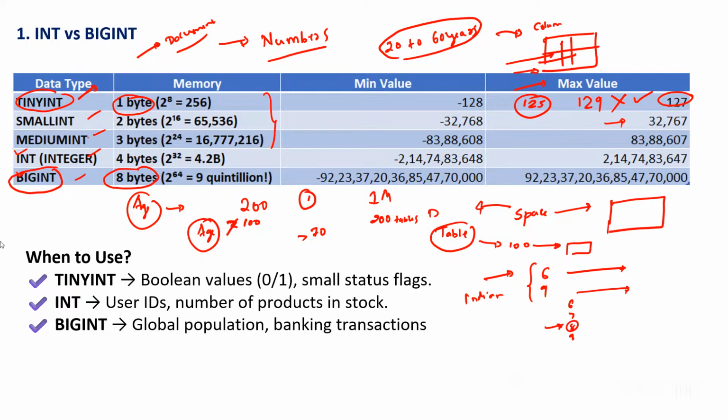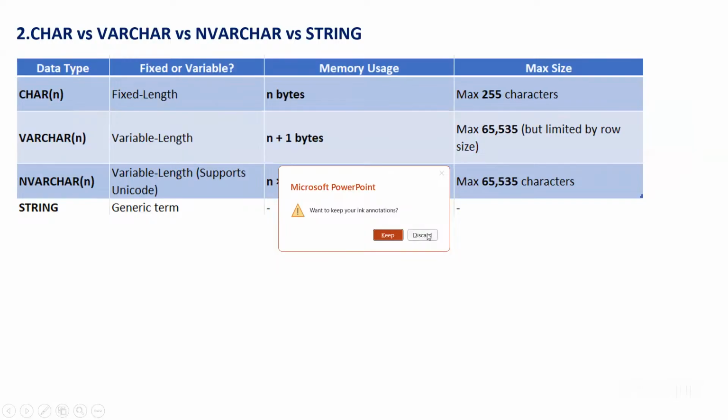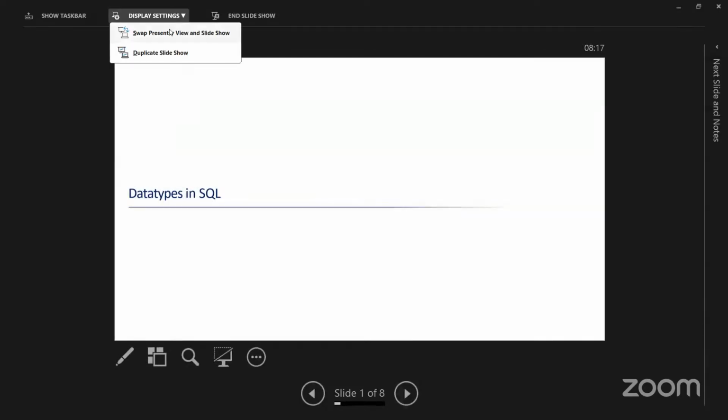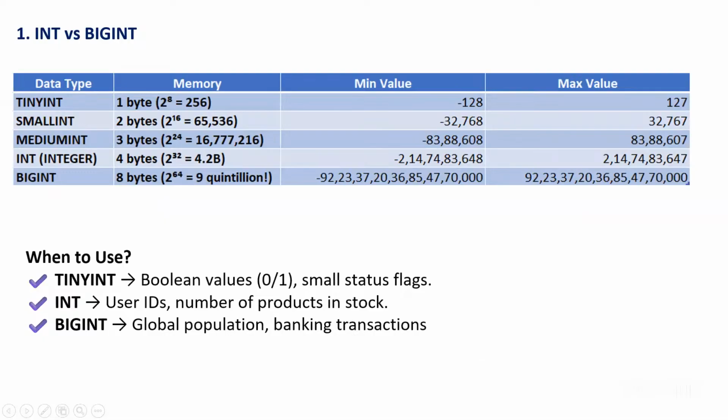Okay. So if your number starts with 6, 7, 8, or 9, you see there is something called an integer, whose maximum value is about 2 billion. It is 10 digits, but the maximum value it can go up to is 2 at the start and 10 digits.